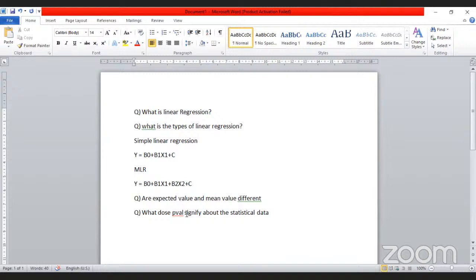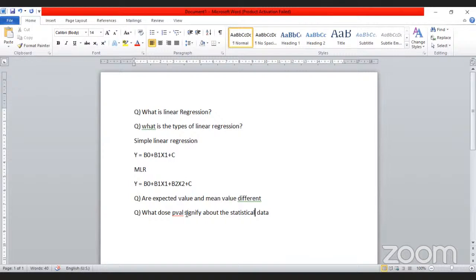So p value is used to determine the significance of the result, whether it is significant or not significant. The p value helps to read and draw the conclusion from data.